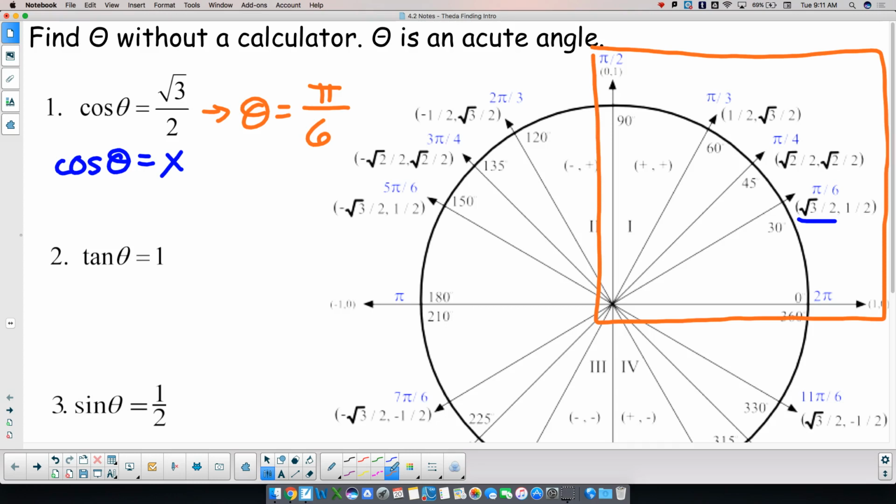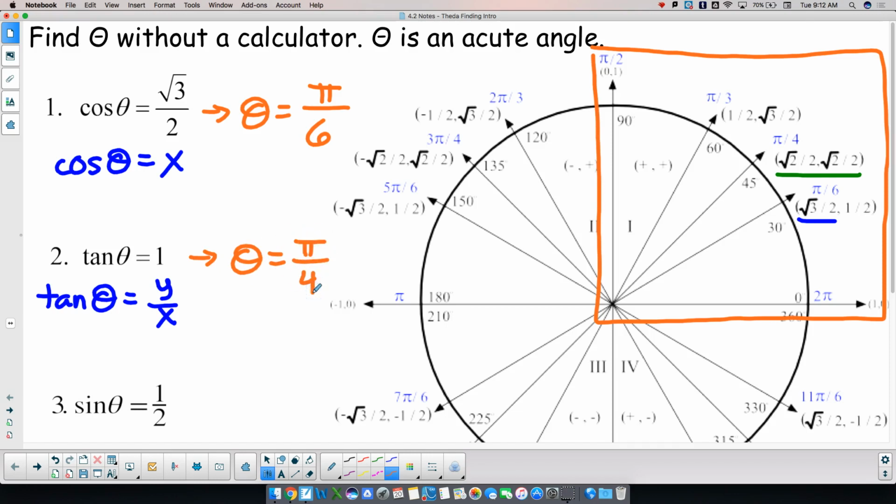Okay? Tangent of theta is equal to 1. Well, tangent of theta is equal to y over x, and I want y over x to be 1, so x and y have to be exactly the same thing. In quadrant number 1, x and y being the same thing is right there at pi over 4, so theta is pi over 4.